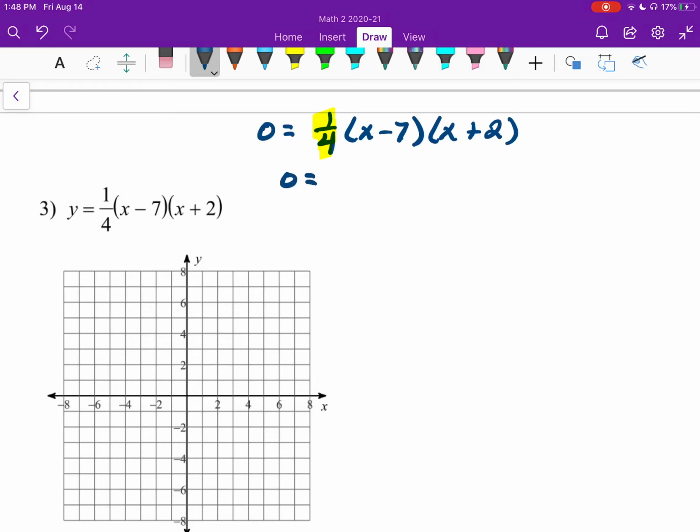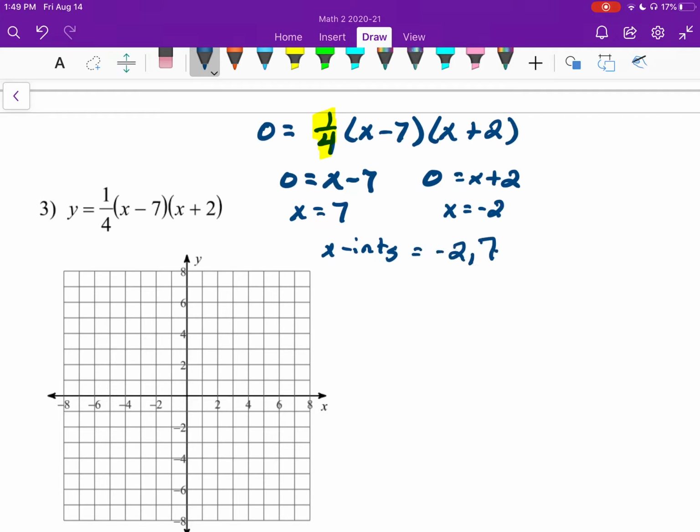So 0 equals x minus 7, 0 equals x plus 2. This is x equals 7, and this is x equals negative 2. So our x-intercepts are negative 2 and 7. And we can graph that on our graph.